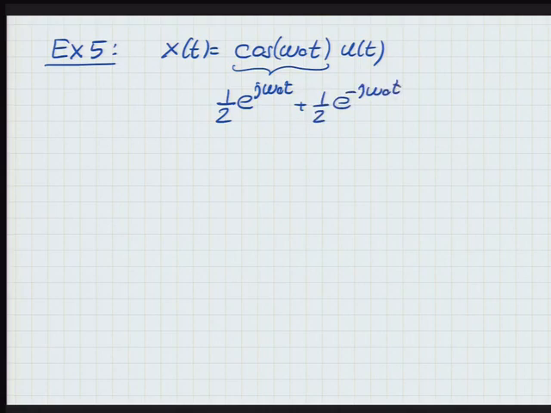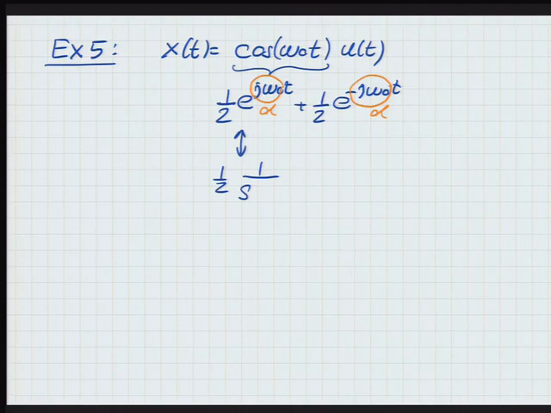Okay, so now everything is easy because we already did this example, only this was alpha, right? And this was alpha, right? So using example 4 twice, I can say that the Laplace transform of the first component is 1 half times 1 over s. Let's wake up. It was s.